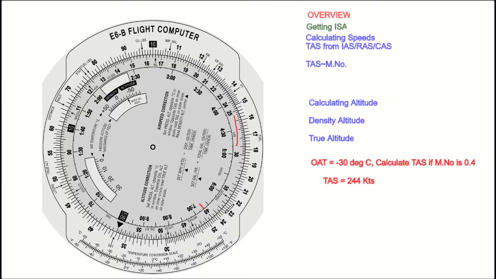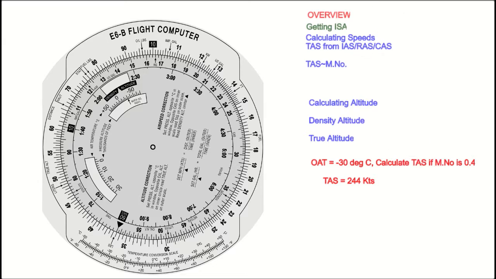I got 244 from here, 244 or 245. Usually in the exams you will not get a difference of 1 knot or 2 knots; that could be because of errors. Or if my TAS is given, I can find the opposite.